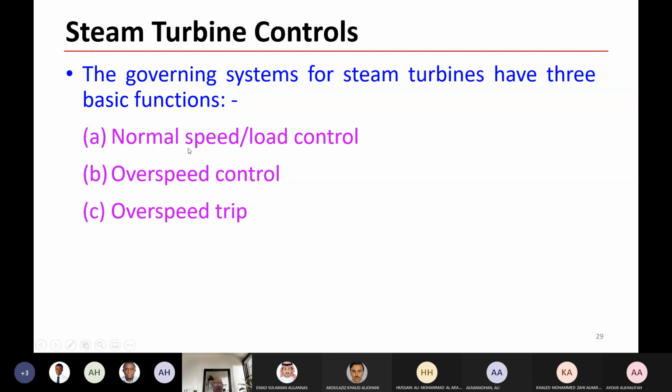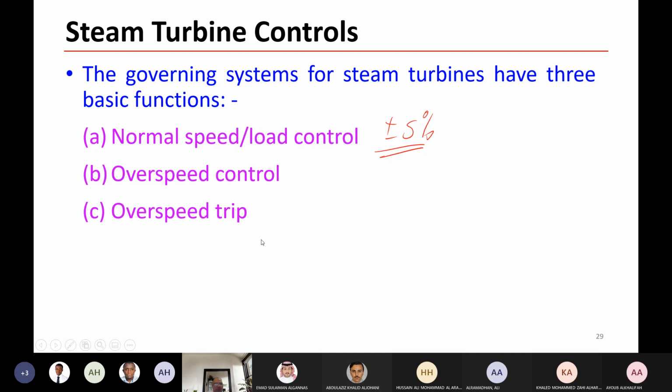So if you have normal speed, you have a small deviation of the speed within plus minus, for example, 5%. So you can have some control through the control valves and so on. You can adjust the mechanical power.